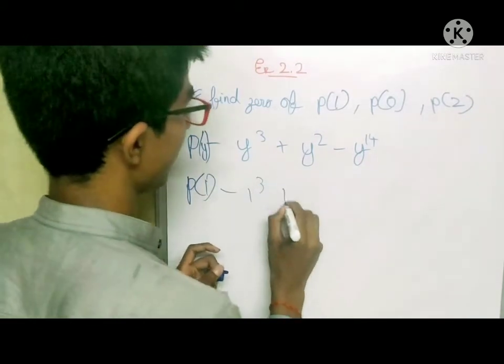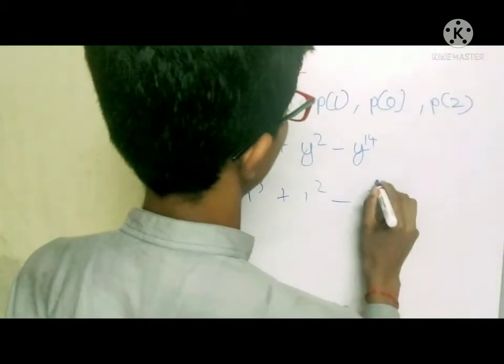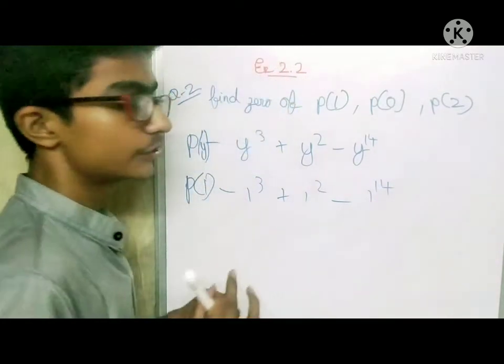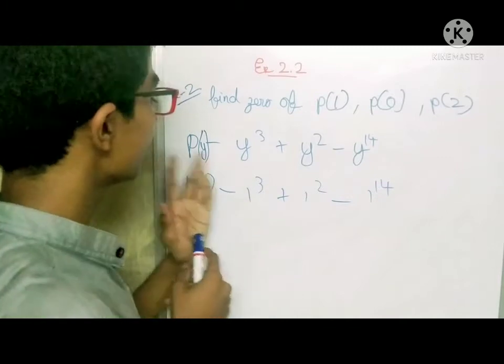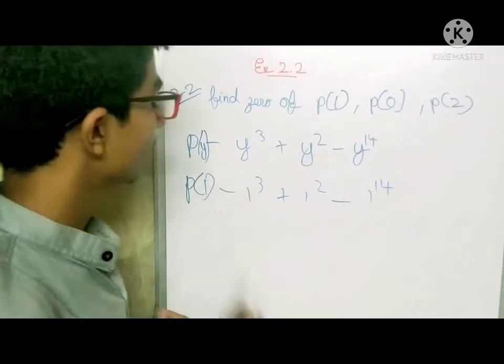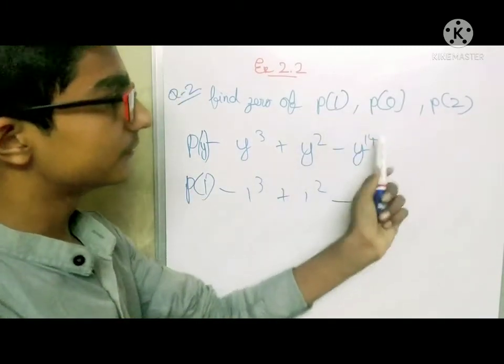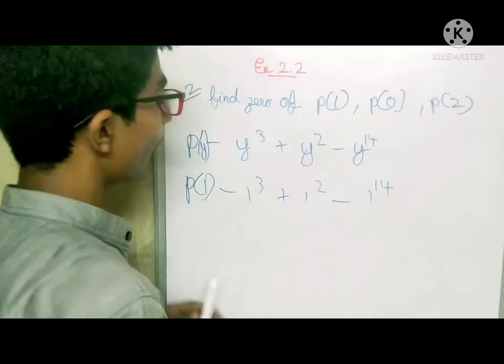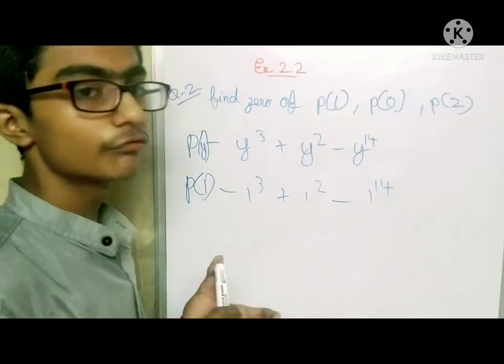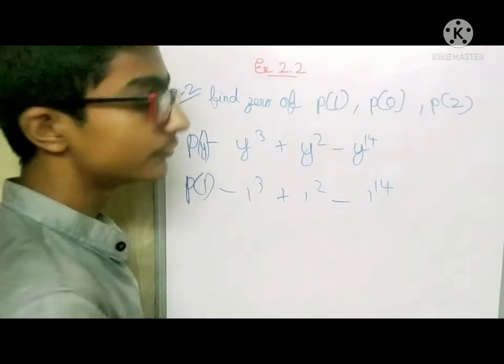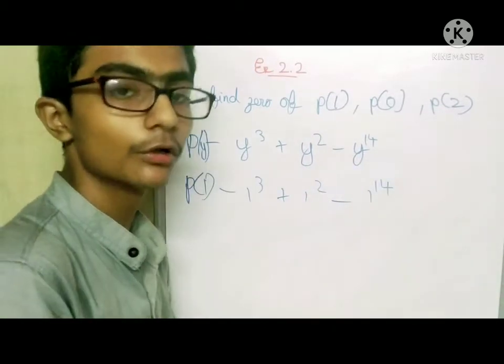Change this y with 1. So whatever polynomial is given in the question, we are going to take it as p of 1, 0 and 2, and we are going to see what values we get, and whether those values are zeros of the given polynomials or not.